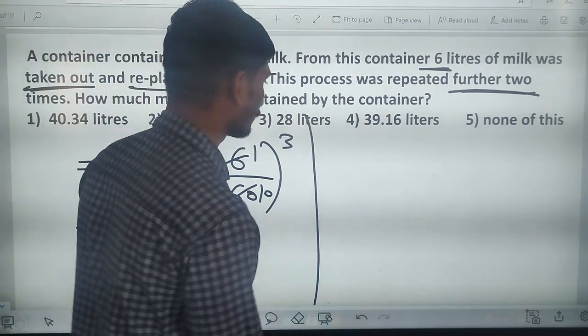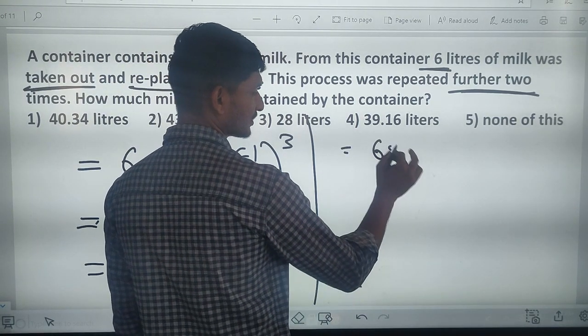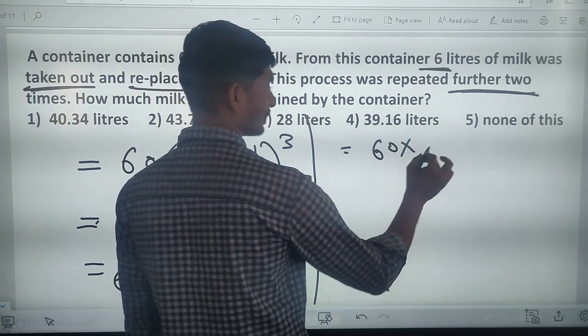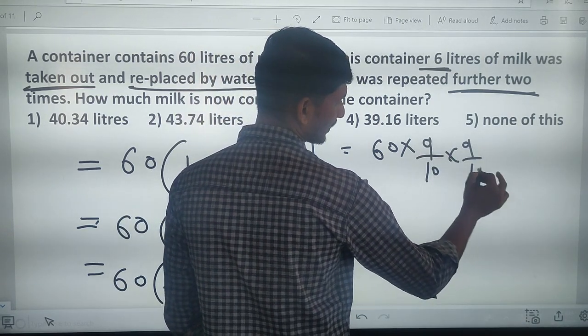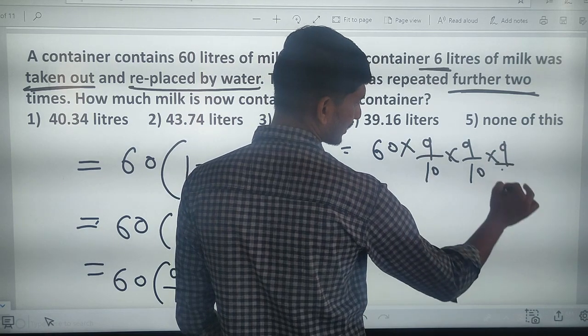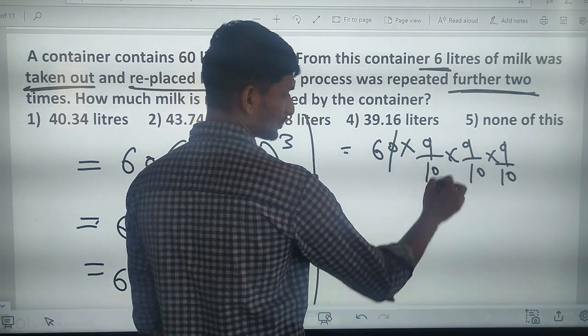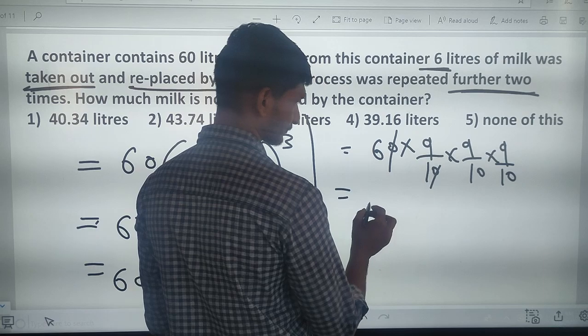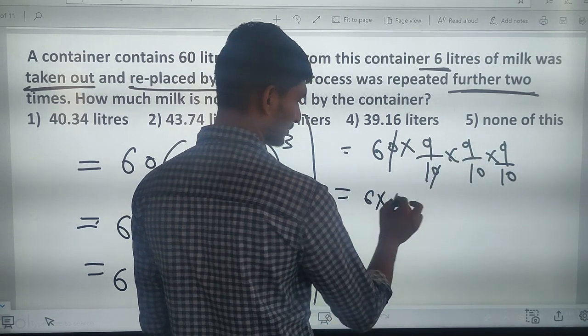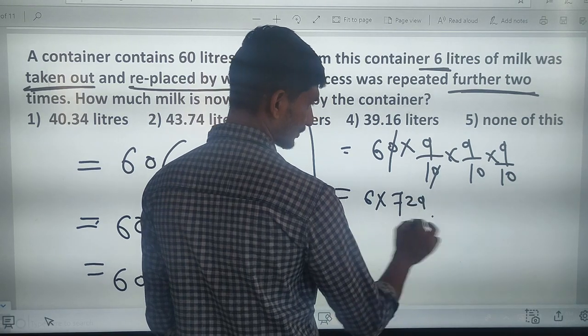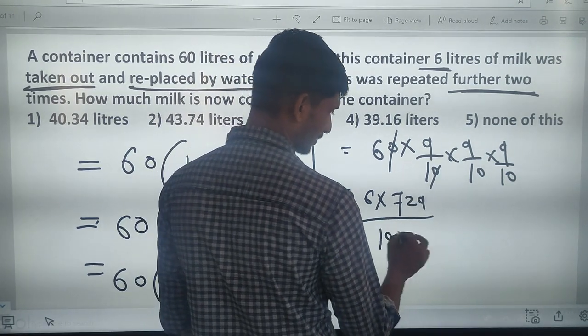Now here we solve. 60 into 9 by 10, 3 times. 9 by 10 into 9 by 10. 6 into 9 9 9 divided by 100.